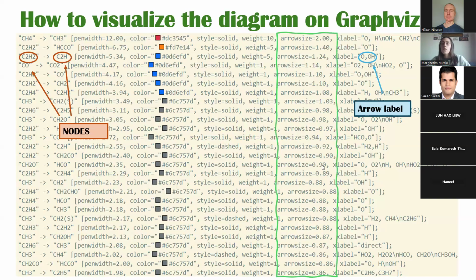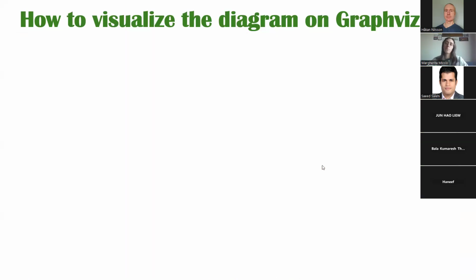And then we have the arrow size, which we can clearly see is going from 2 to 0.8. So it's changing a bit, and in the diagram we will see that the arrow thickness changes every time, because some transformations are more important and relevant than others.